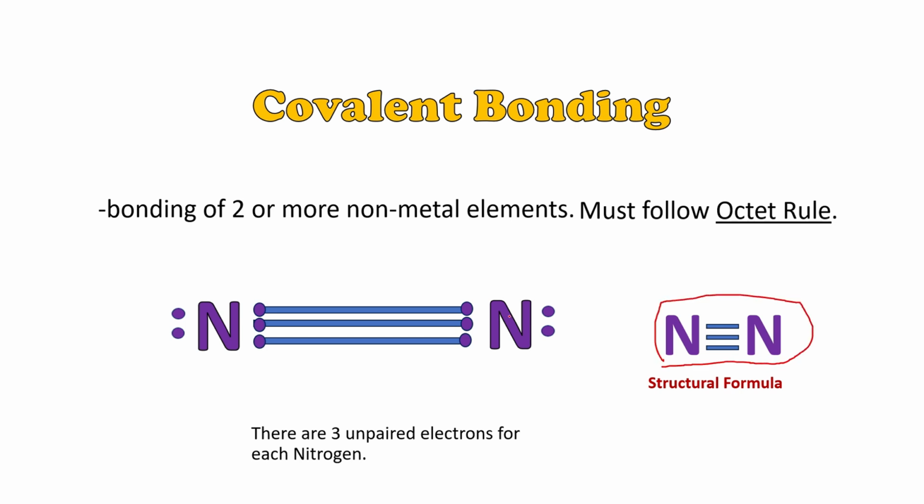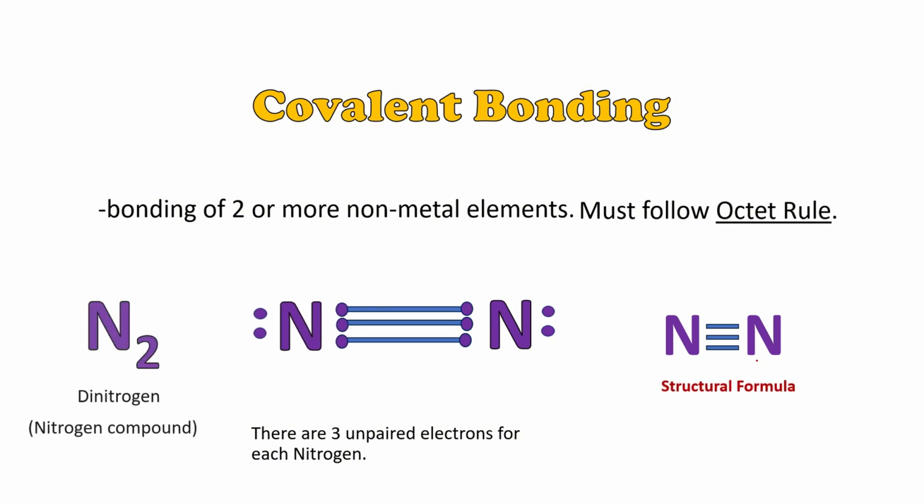Okay, there's no need for you to do this entire thing. If you want to, you can add the dots later on if we're proceeding to the shape of this molecule. But anyway, this will be a simpler structural formula. And this is now our molecule, dinitrogen, which is nitrogen gas.